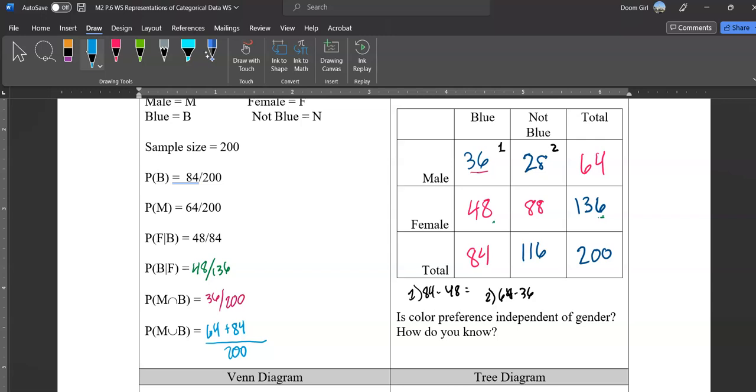So I'm going to subtract 36. 64 plus 84 minus 36, we get 112, out of 200.